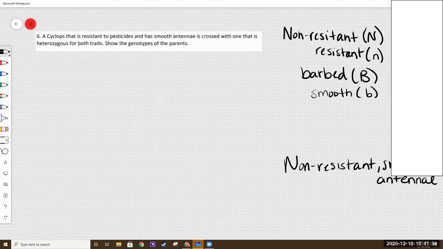Israel, remember you need 2 letters for each one, so like you need big N, little n, or big N, or little n, big B, little b, little b, little b.